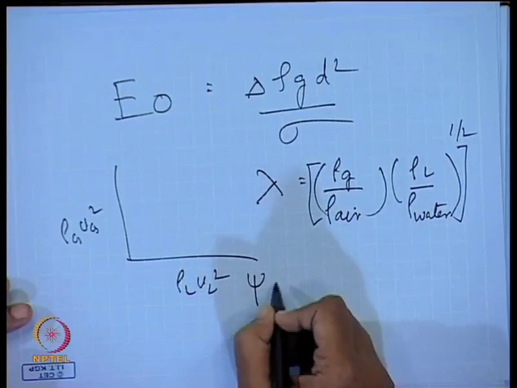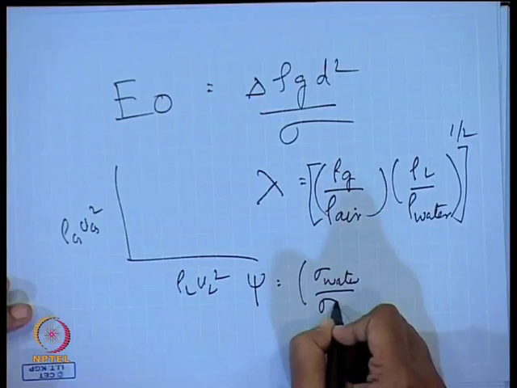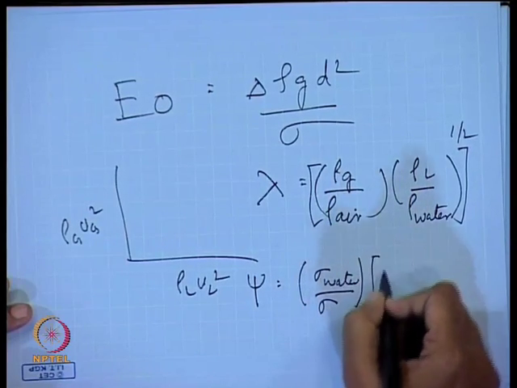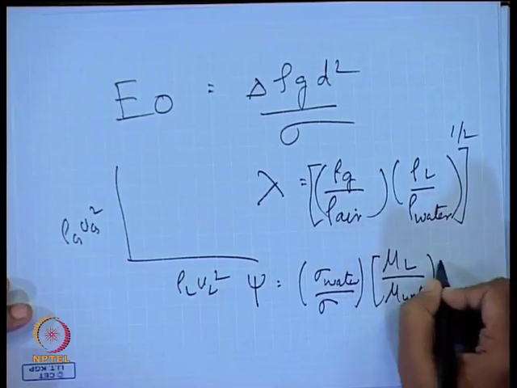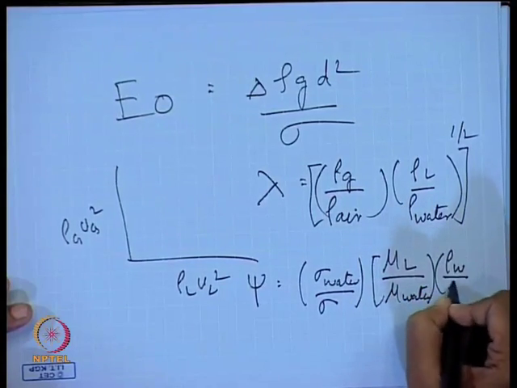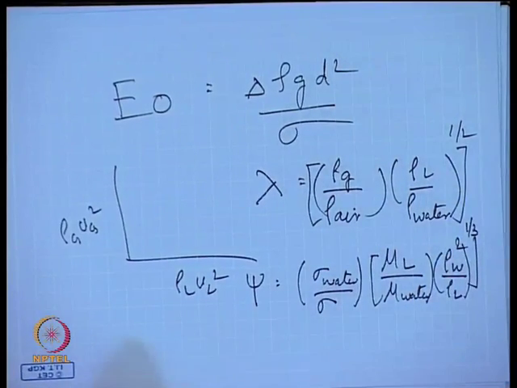And psi is equal to sigma water by sigma of the liquid that you are using, times mu liquid by mu water, times rho water by rho liquid whole squared, the whole to the power 1/3.